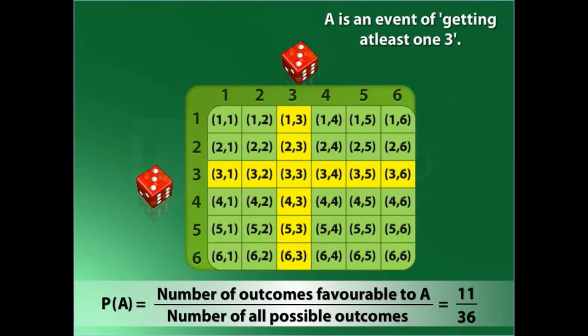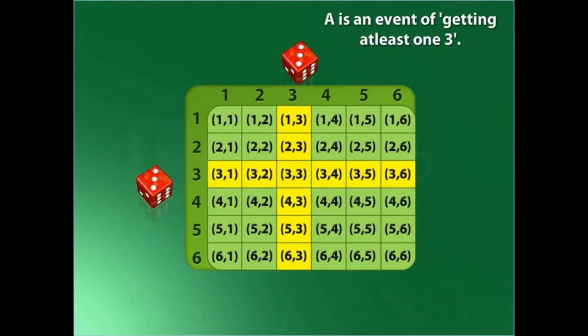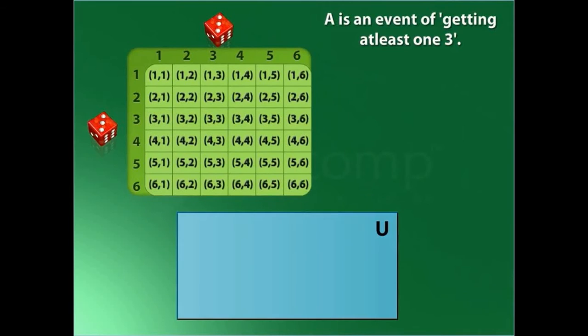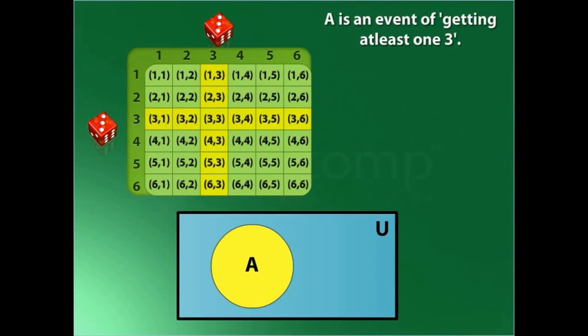If we represent the situation using Venn diagram, then the total possible outcomes of the experiment represent the universal set U, and the outcomes favorable to event A form a set A, which is a subset of U.